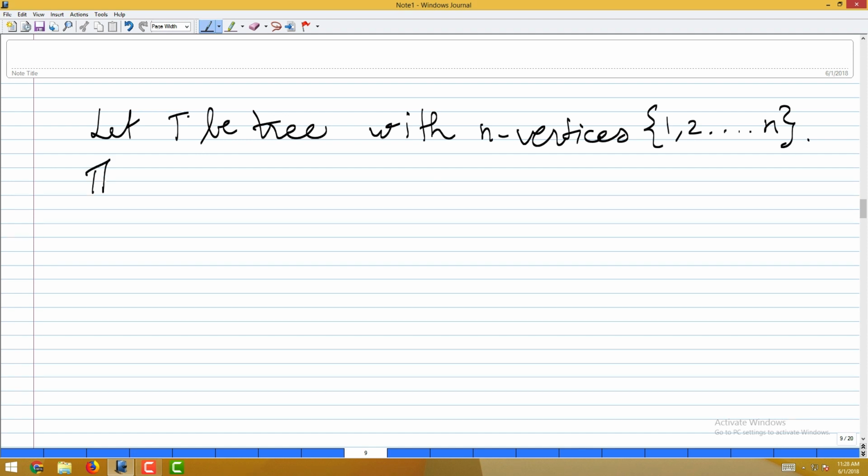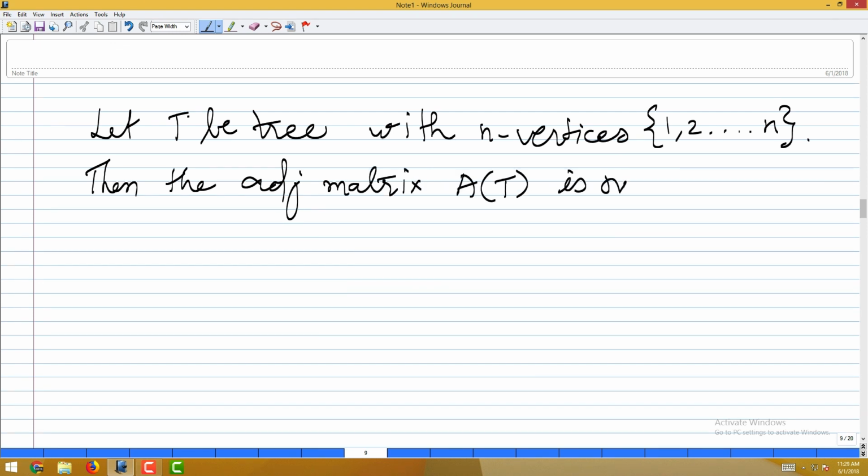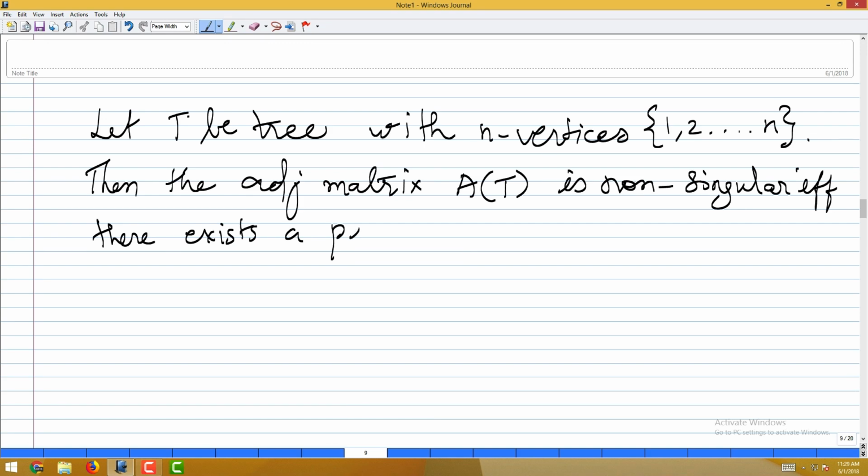Then the adjacency matrix of the tree, A(T), is non-singular if and only if there exists a perfect matching. Just from the definition you can see immediately this result will hold.